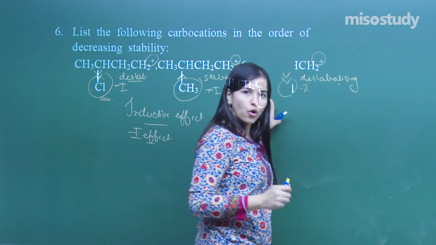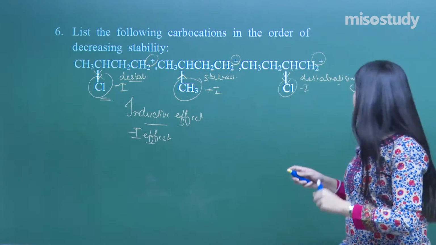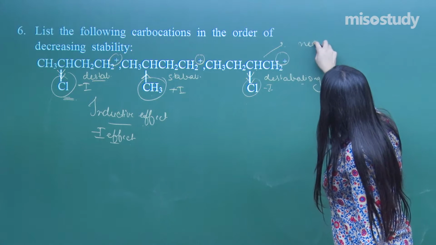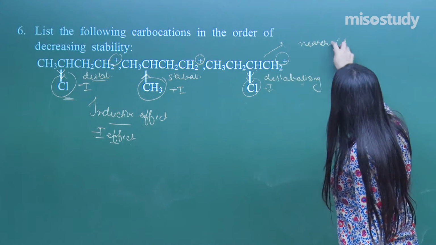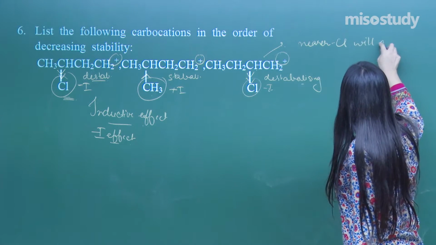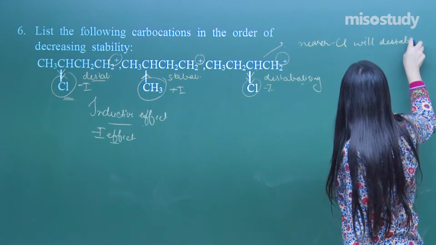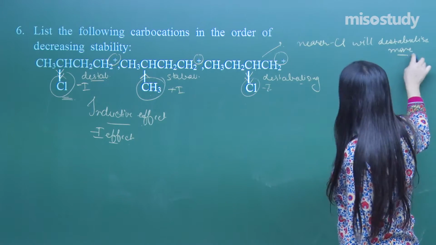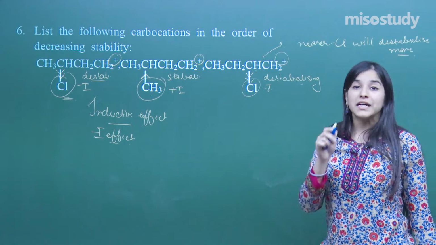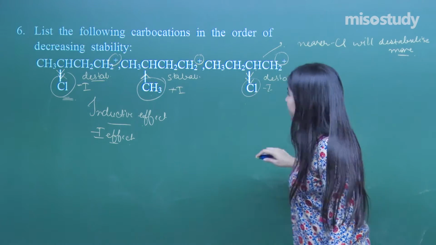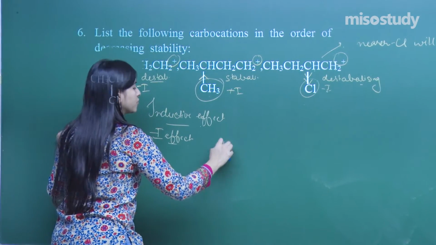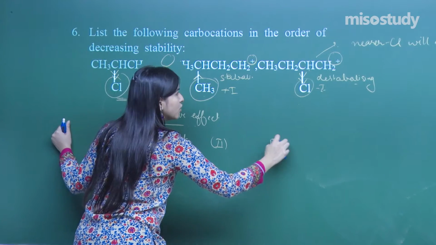Inductive effect is always dependent upon the distance, we know, right? So here the nearer Cl will destabilize more, yes? And this completes my answer, which will be the most unstable one. It will be this, right? So if I try to number it as 1, 2 and 3, which is the most stable?